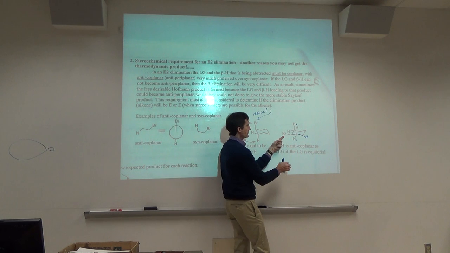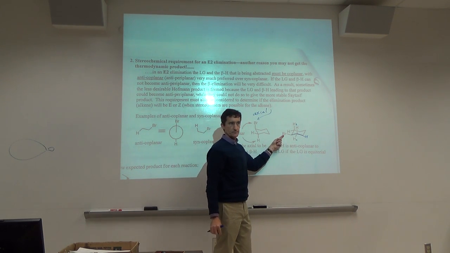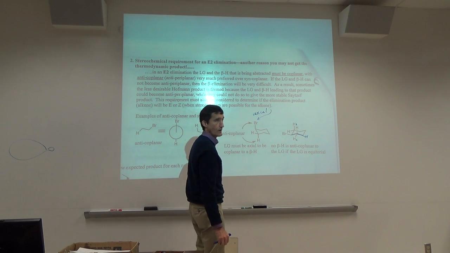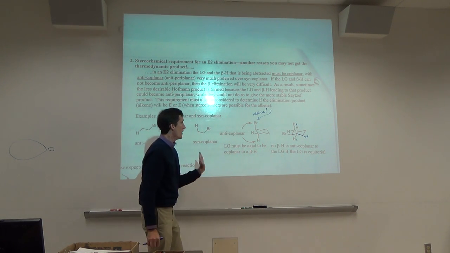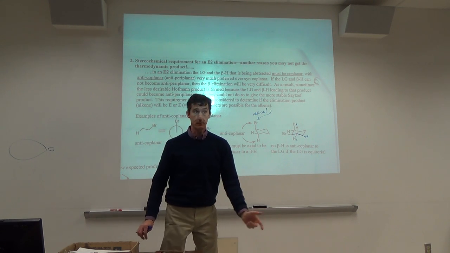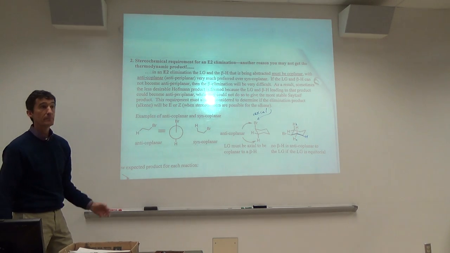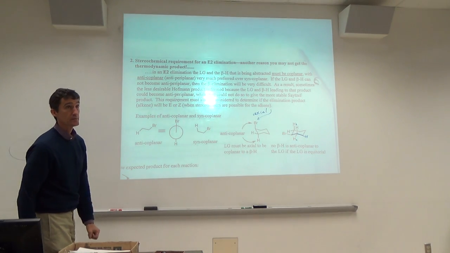If the leaving group is equatorial, none of the H's will ever be anti-coplanar. So here's another take home. When these eliminate, the leaving group always must be axial. Only when it's axial will the beta hydrogen be anti-coplanar.